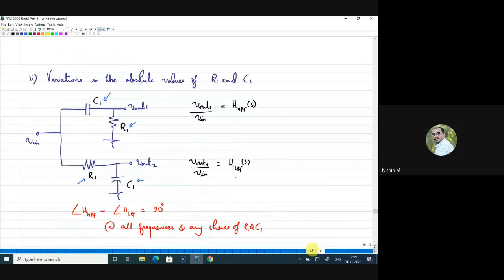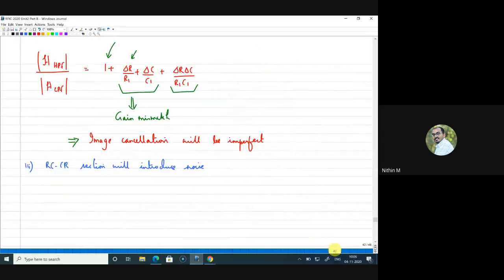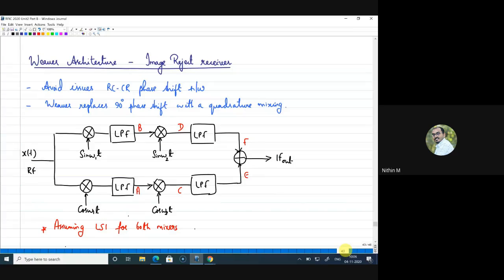When we analyzed the variations in the absolute values of R1 and C1, we understood that there will definitely be a mismatch in the gain for this RCCR network, and that may result in imperfect cancellation of images.